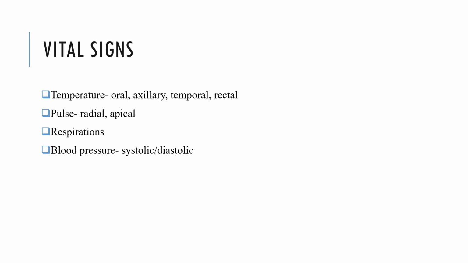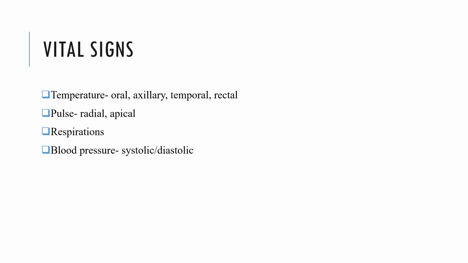And as we go through chapter 8 in your assessment course, we'll talk more about parameters and values. But for right now, we just want you to get down what are the pieces of the vital signs and what are the instructions of how to do those.